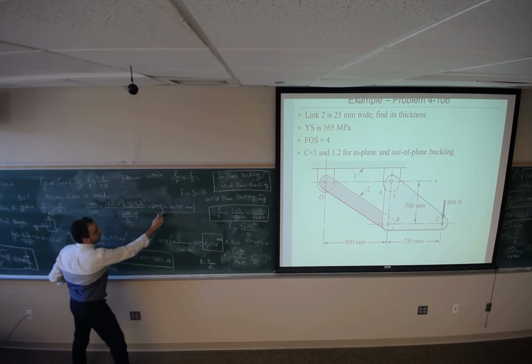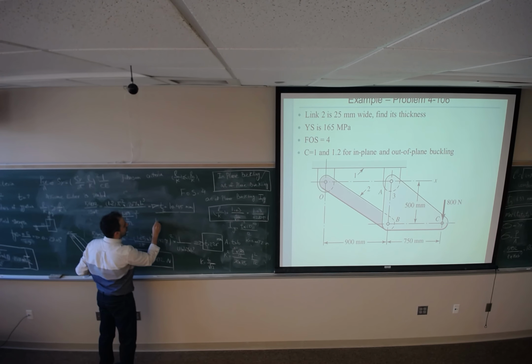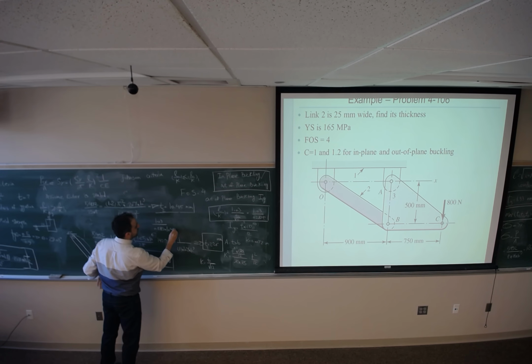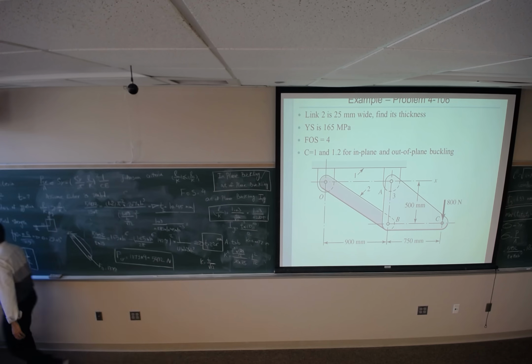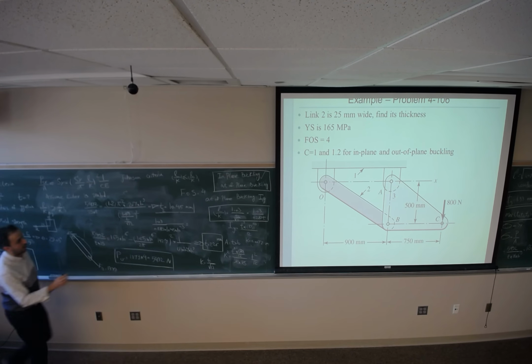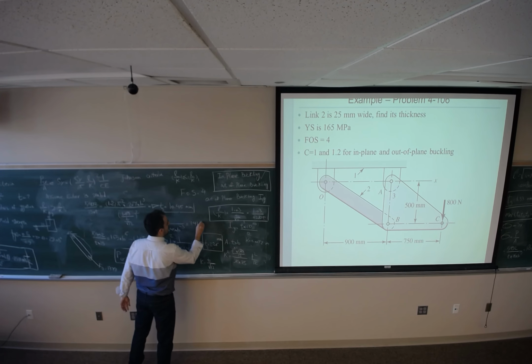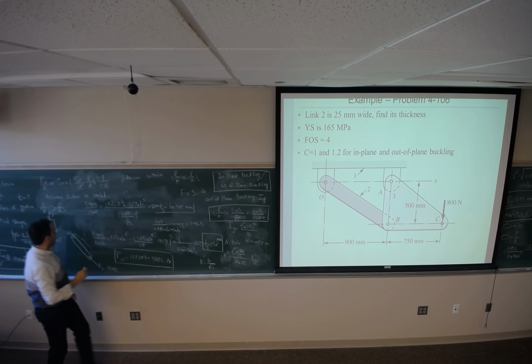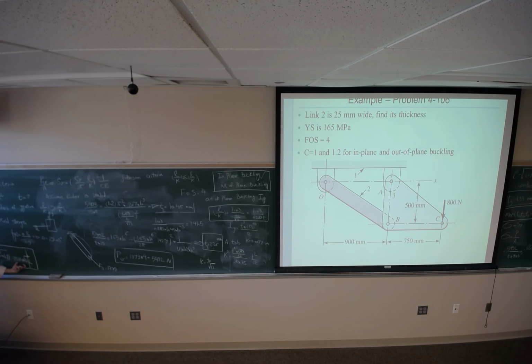So for this thickness, it's going to be 1.03 divided by 0.289 times 10.45 times 10 power negative 3. It's going to be 341.5. So 341.5 is definitely greater than this one.